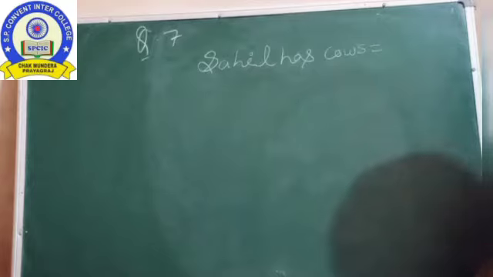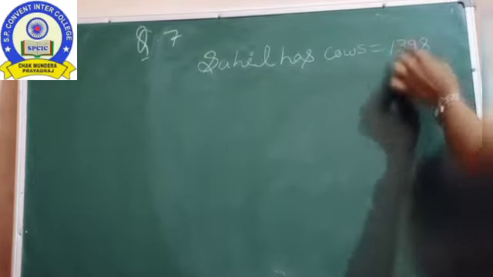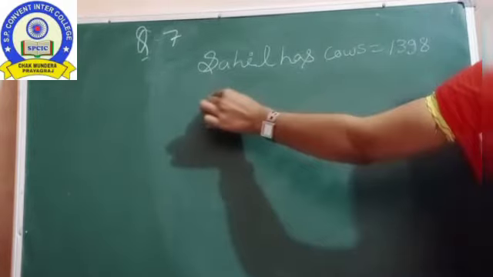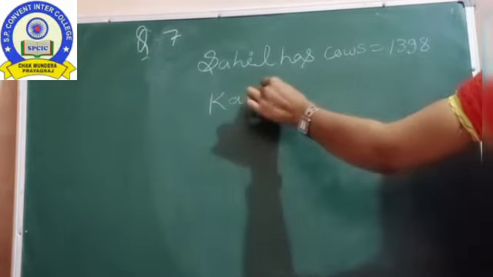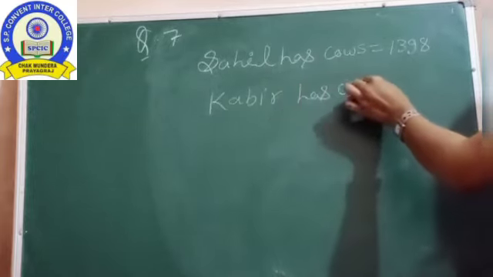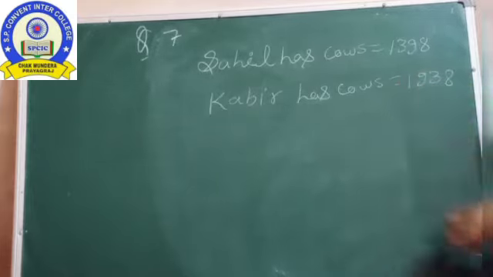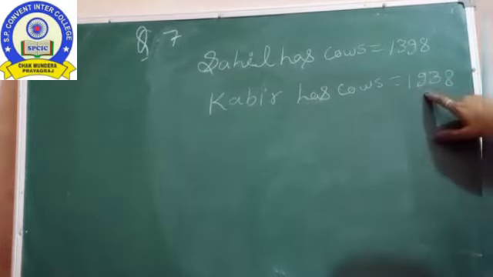Sahil has 1398 cows and Kabir has 1938 cows.